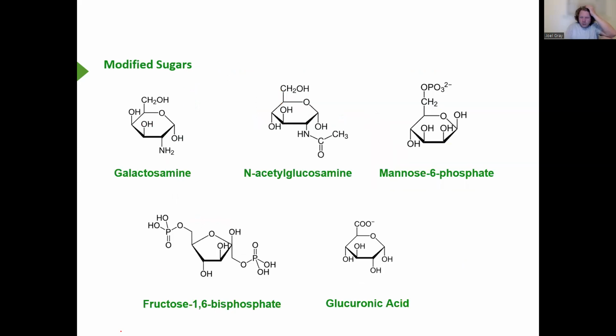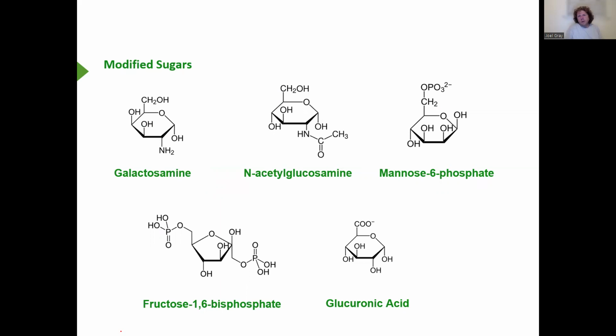So there's a number of different modifications to sugars that can be produced. And any sugar can be modified in a couple of different ways. It can be oxidized, it can be reduced, phosphorylated, it can be aminated.